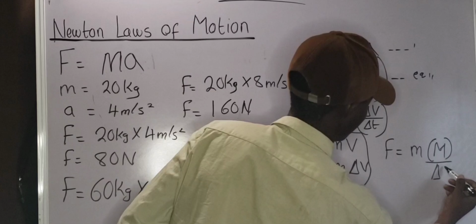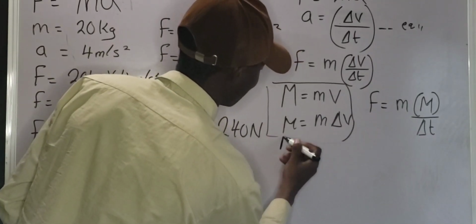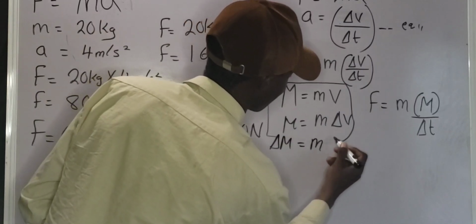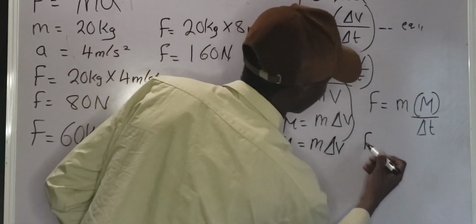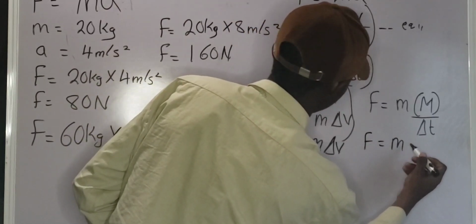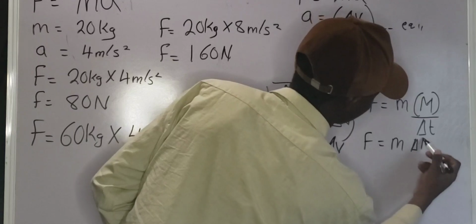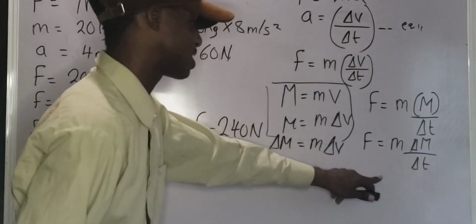So change in momentum is equal to what? Mass multiplied by change in velocity. So the force now becomes change in momentum over change in time. Please, do you understand how I got here?